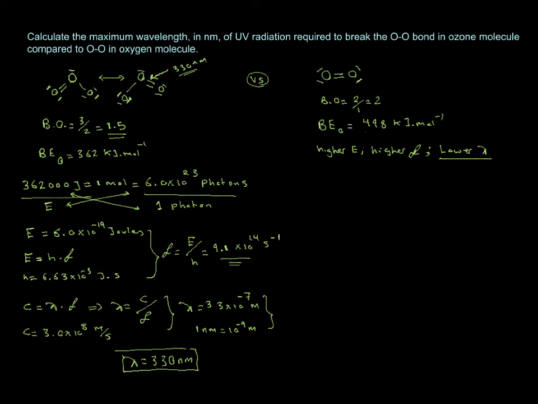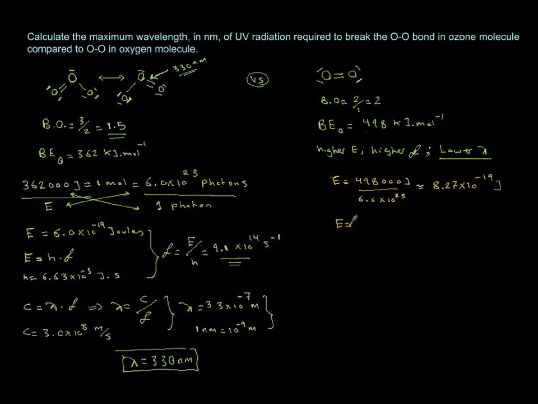Now let's do the same calculation for oxygen. How much do we need? We are hoping we get a smaller wavelength than 330. So same notion, the energy is equal to 498,000 joules divided by Avogadro's number, and that becomes 8.27 times 10 to minus 19 joules per photon.